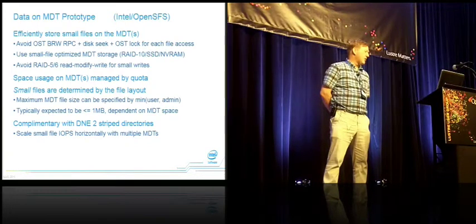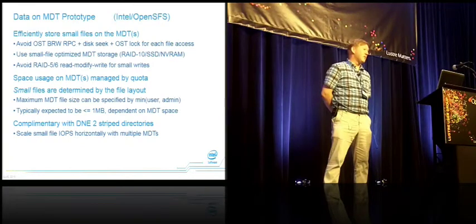What a small file is, is determined by the administrator and/or the user. The administrator puts on an upper size limit, typically let's say a megabyte, and the user sets the striping on the file when they create it, which may reduce the size of what is considered a small file.